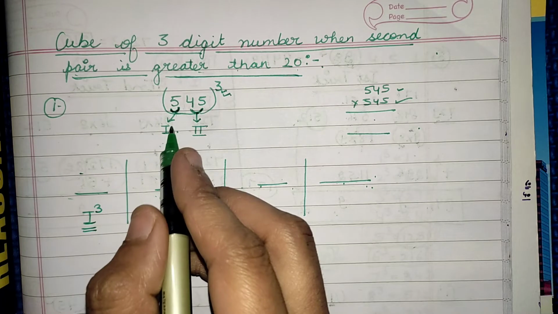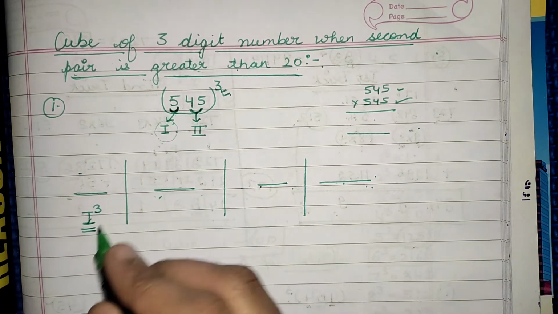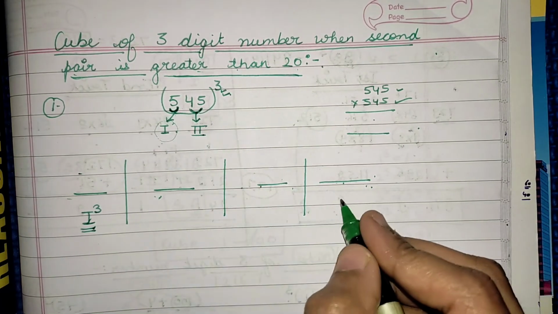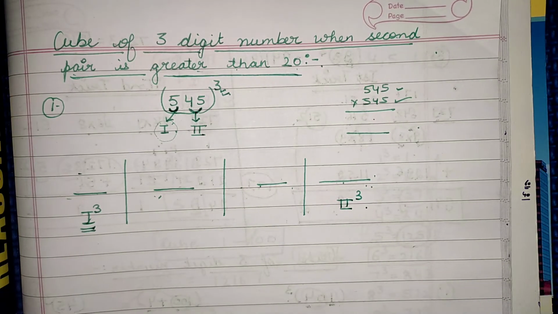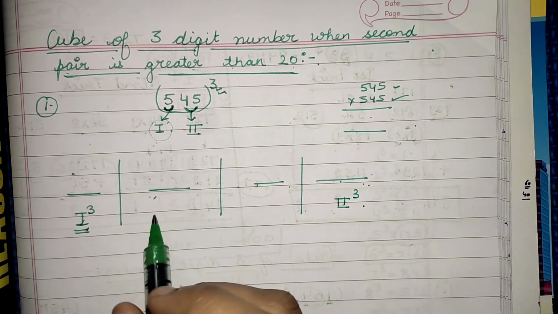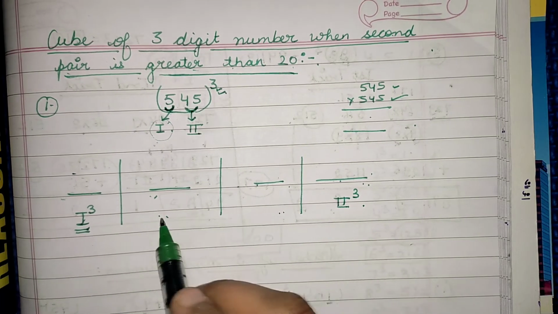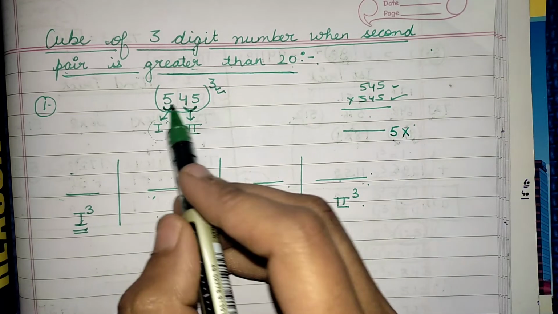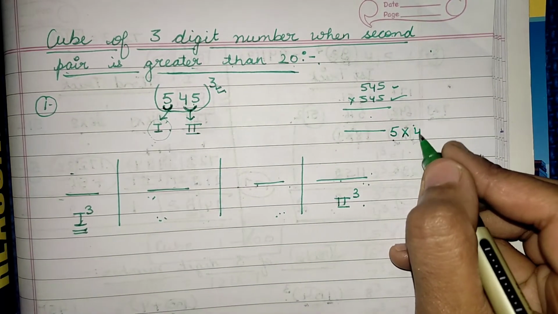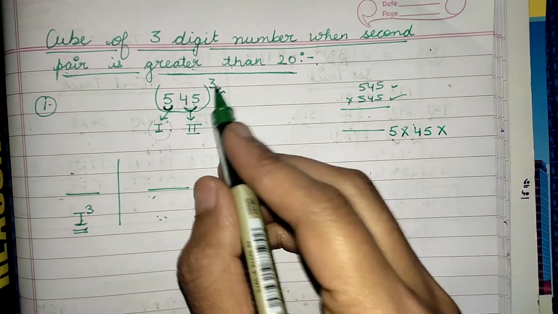What do we write here? We write the cube of the first number, and the last part is the cube of the second number. To find the second and third values, first we find a common value, which is 5 into 45 into 3.